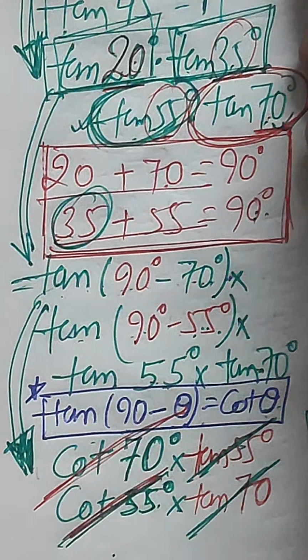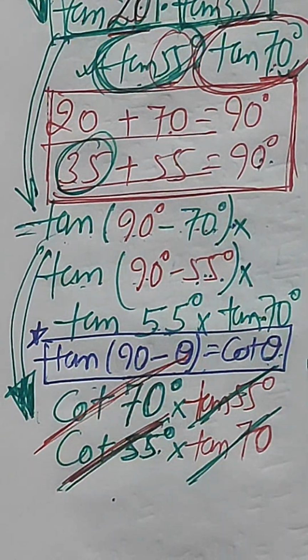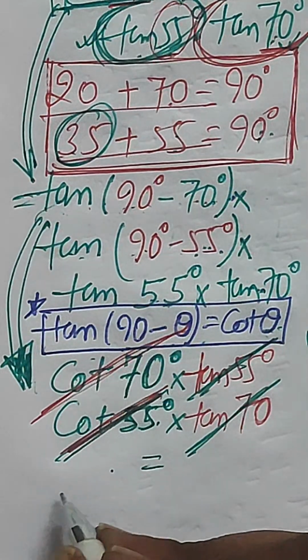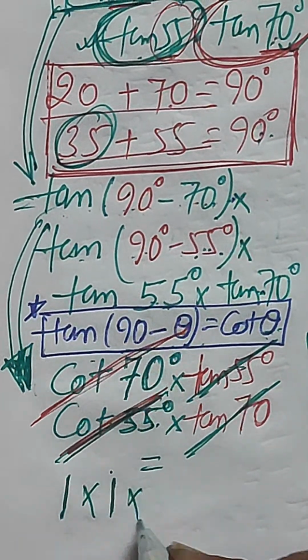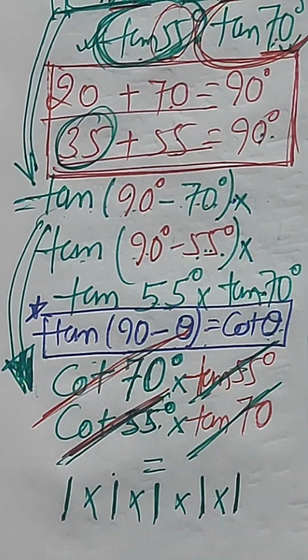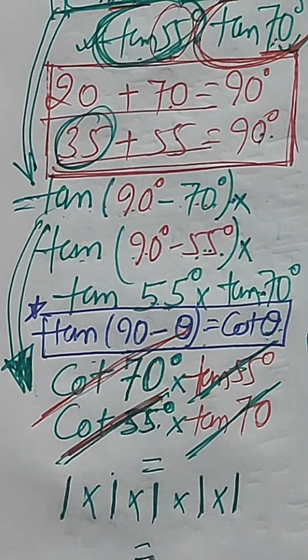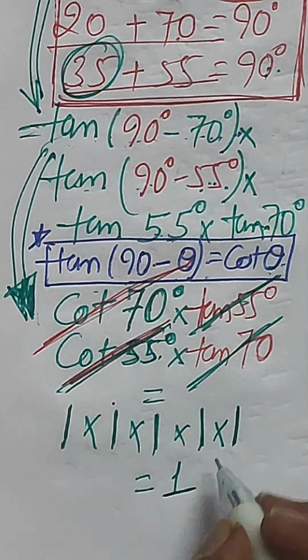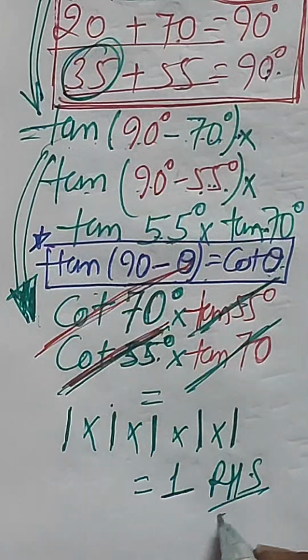And the value of tan 45 is already 1. So the product of all these will be equal to 1 into 1 into 1 into 1, and tan 45 is already 1. This is all multiplied, and we have 1, which is the RHS, proved, right?